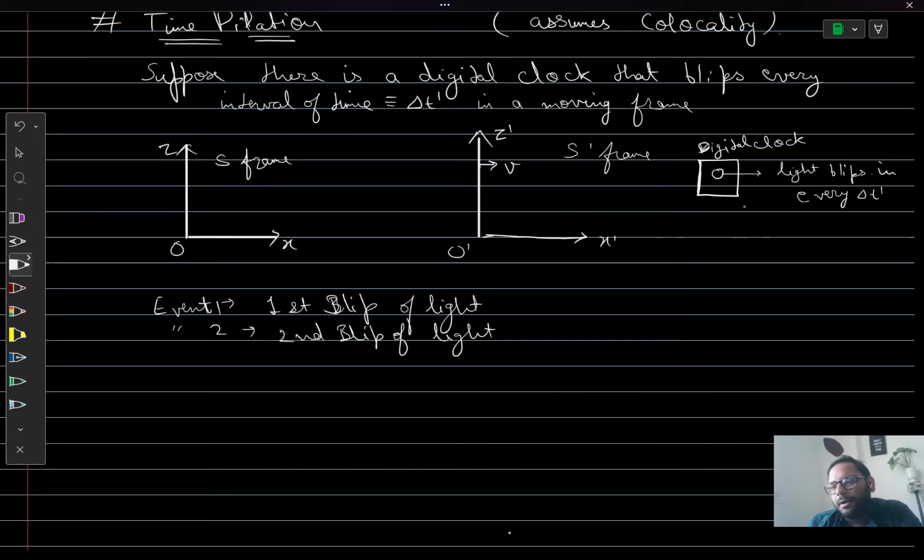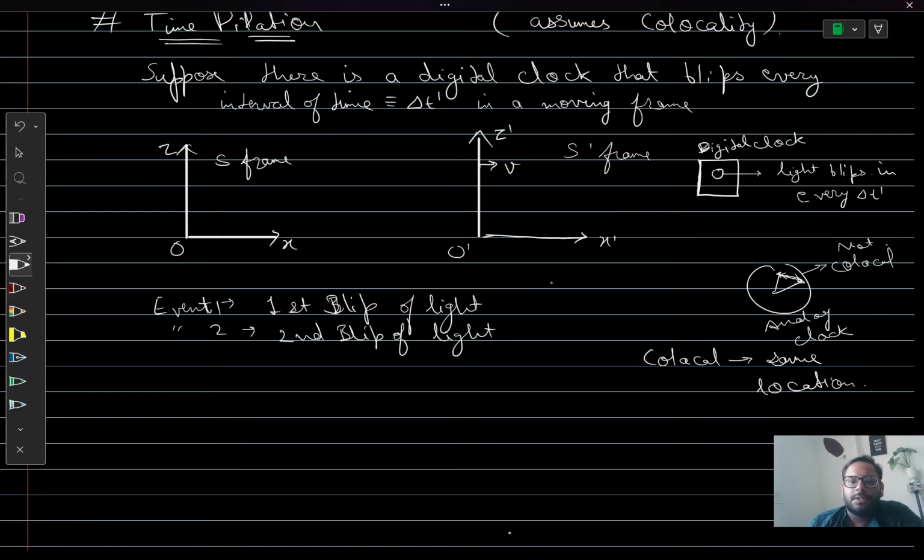If we had taken an analog clock like this, we would see that these two ticks are not co-local in the analog clock. But you can assume with this digital clock, these two events are happening at the same place. Co-local means same place, at the same location.